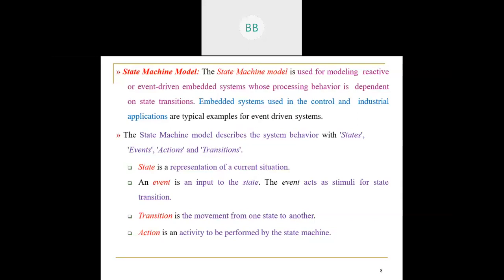Transition is the movement of the system from one state to another. Action is an activity to be performed by the system. The SMM model is also called an FSM, or finite state machine, if the number of states in the system is finite.